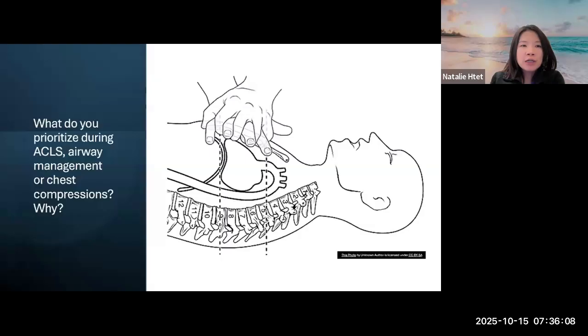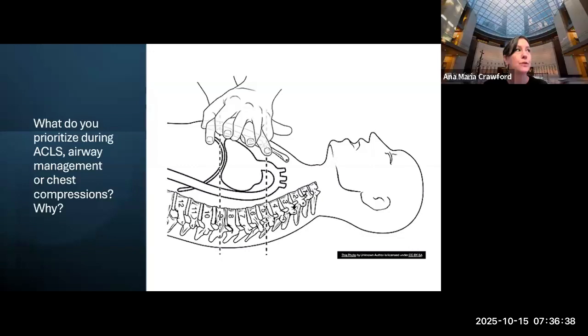The new 2020 AHA ACLS guideline recommended starting chest compression immediately and delaying advanced airway placement until after initial cycles, unless there's a primary airway cause. So if you are the solo provider, I would prioritize chest compression and passive oxygenation via a non-rebreather mask, or if there's another provider, bagging the patient.